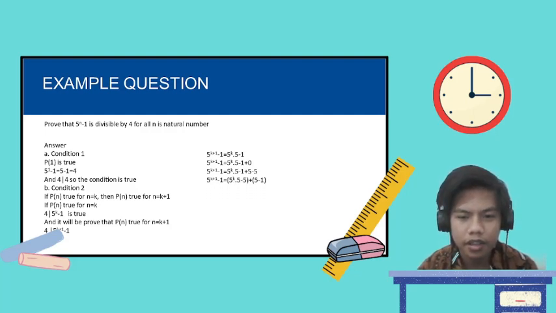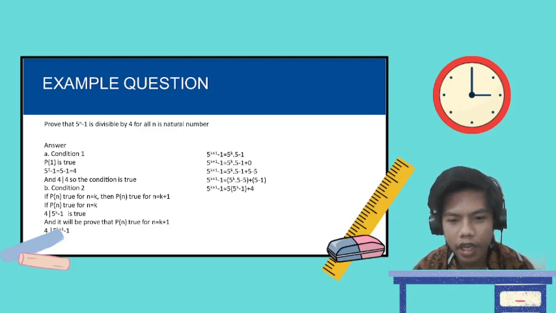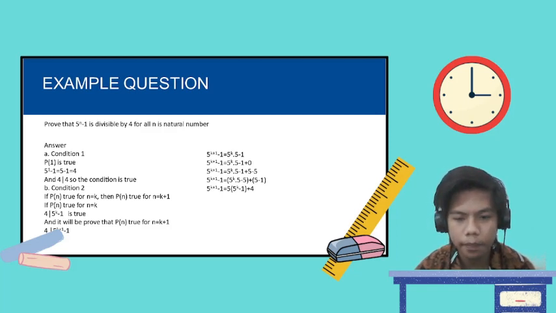And we can write that as 5 times (5 to the power of k minus 1) plus (5 minus 1), and that is 5 times (5 to the power of k minus 1) plus 4.